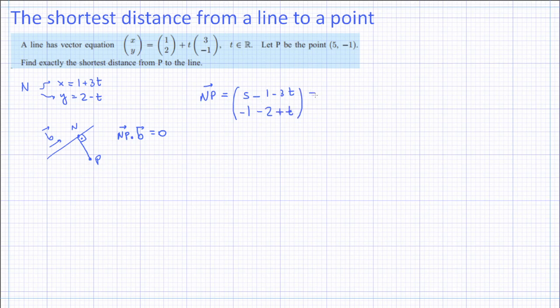If we simplify that, we should get 4 minus 3t and negative 3 plus t.